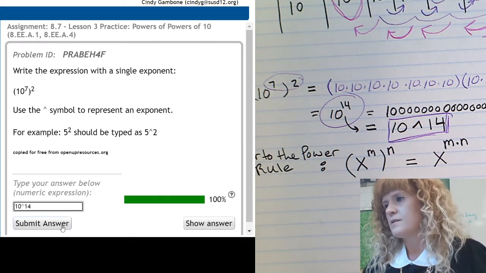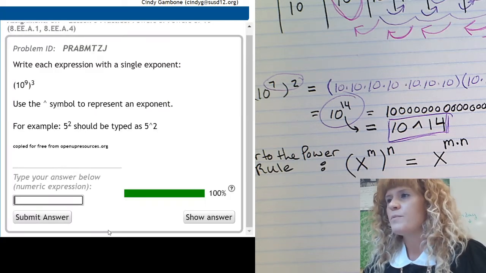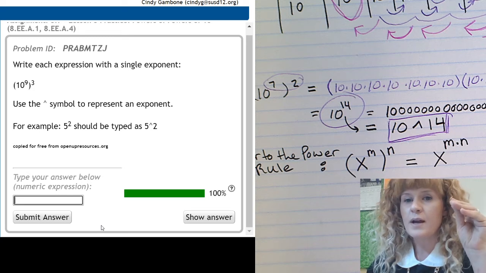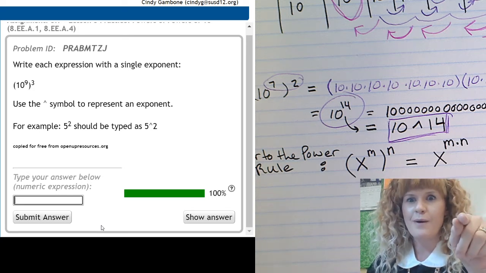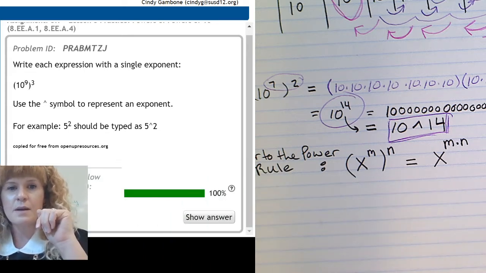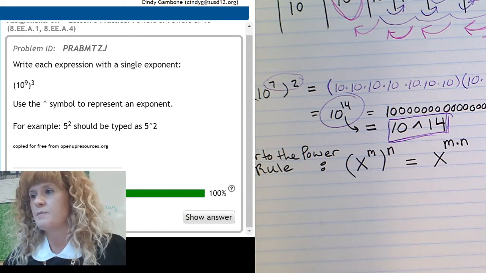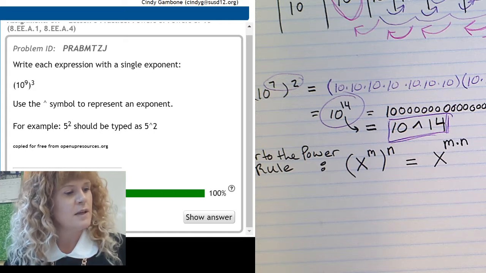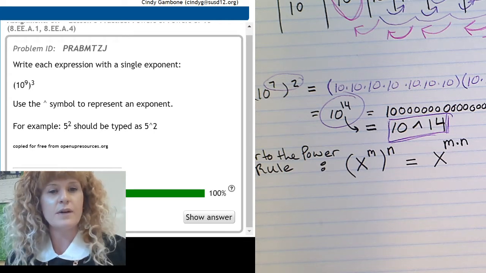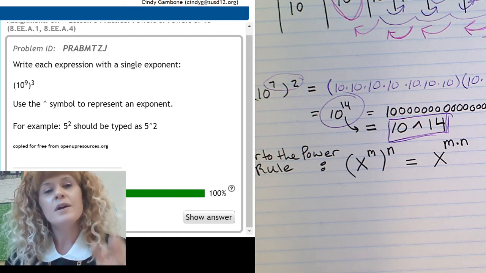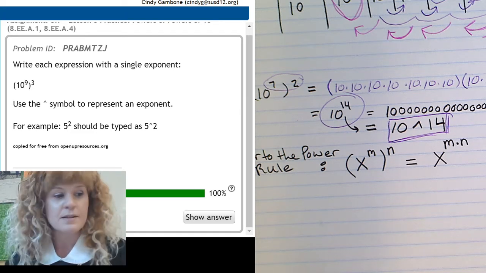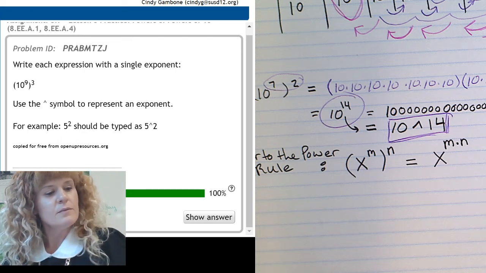And submit your answer. There are 5 more problems like this. You need to use what you learned to simplify this power to the power expression. I don't want to give you the answers, so I'm going to cover that up while I enter them quickly. You should pause the video and do the work now. I'm not giving you the answers. You've got to use power to the power. Just multiply the exponents. Don't forget the caret symbol. Pause the video.